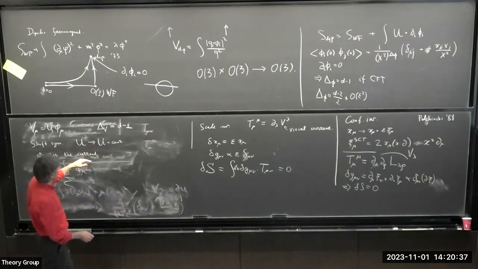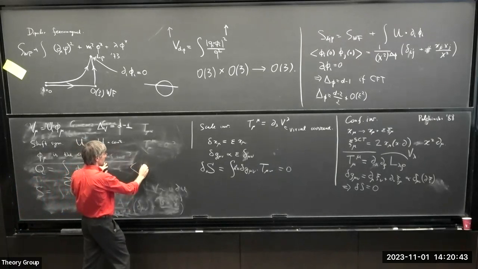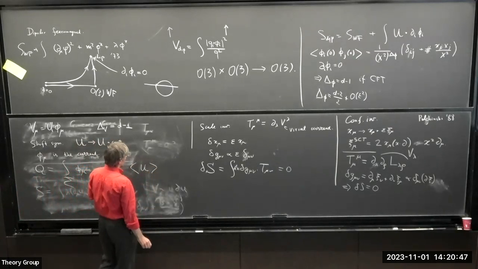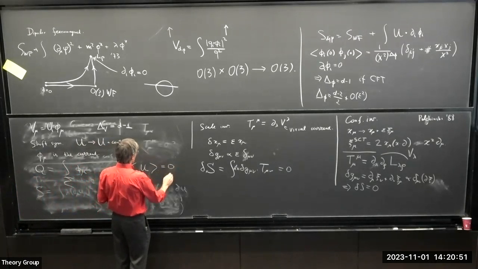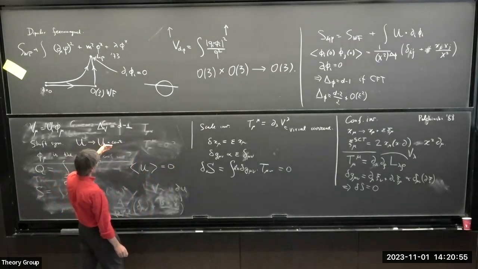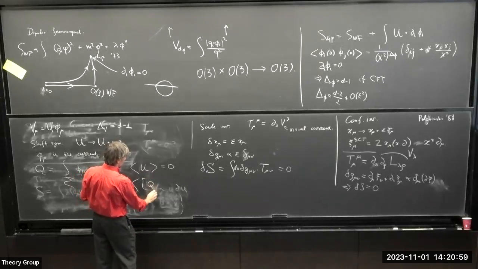So the symmetry is spontaneously broken once we're at the fixed point, because the one-point correlation function of u is equal to 0, while when we apply the shift charge, we get the two-point function uu.